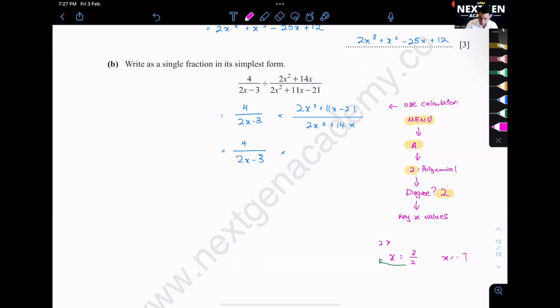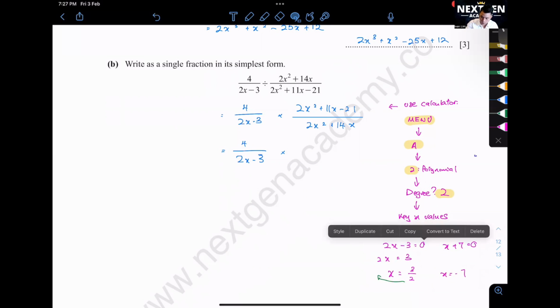So this becomes 2x equals 3, then 2x minus 3 equals 0. x equals -7 becomes x plus 7 equals 0. When you get these values, you can just put 2x minus 3 and x plus 7. Don't make your life hard, just use your calculator.